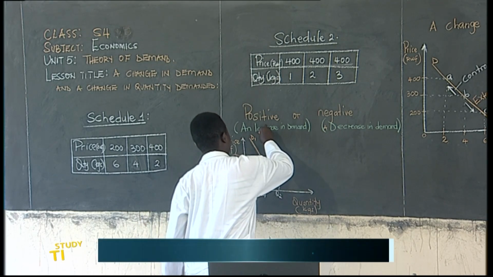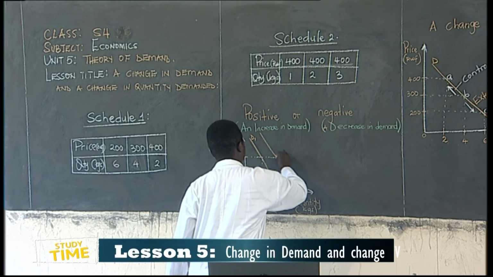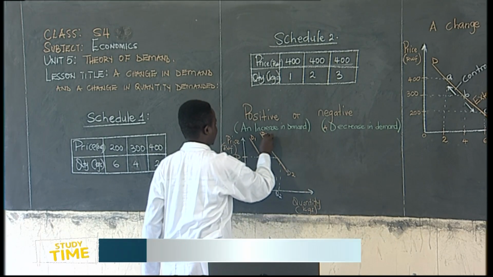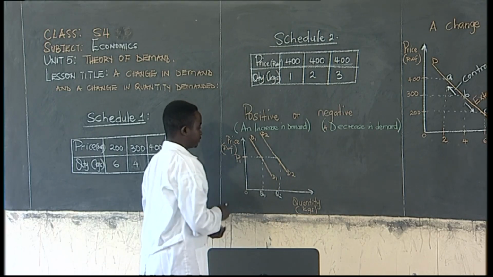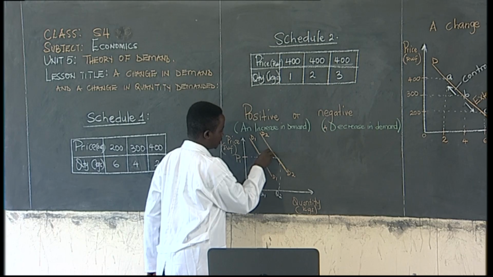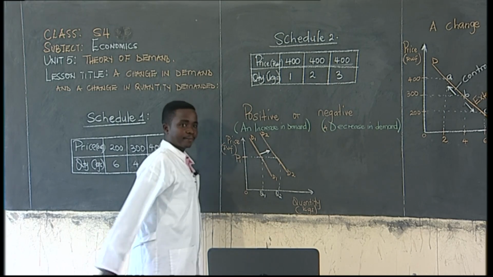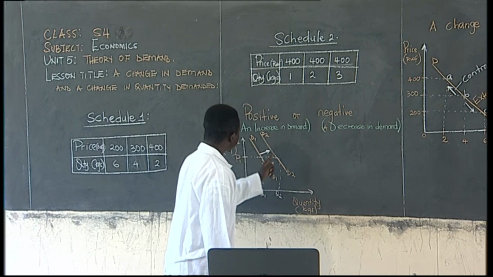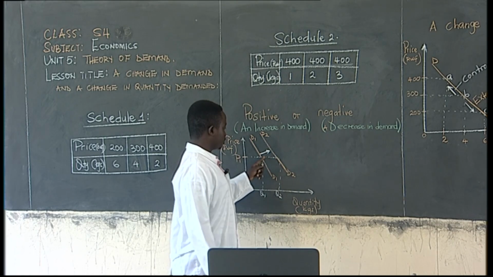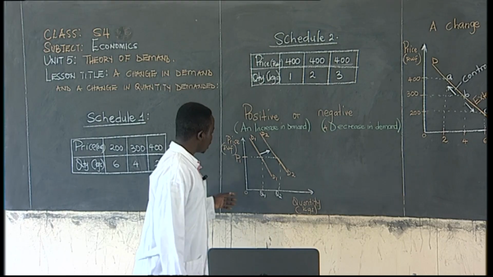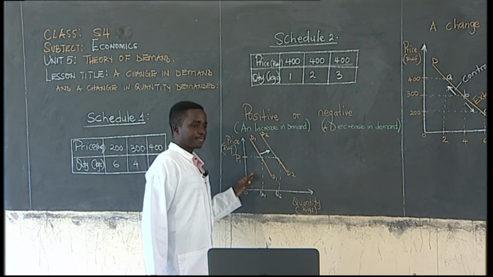And here we shall have our demand curve 2, D2. So here there is a shift. We have an increase in demand. This is a positive change. Now, ask yourself, can you please account for this scenario?